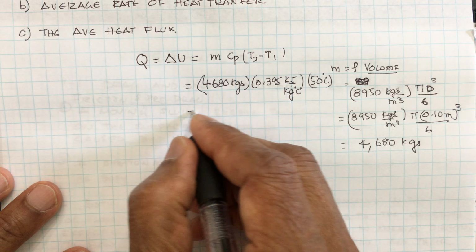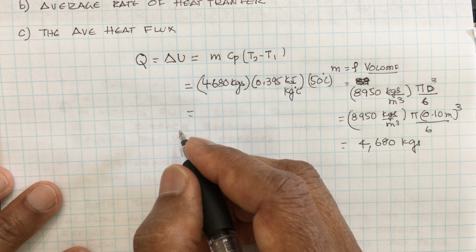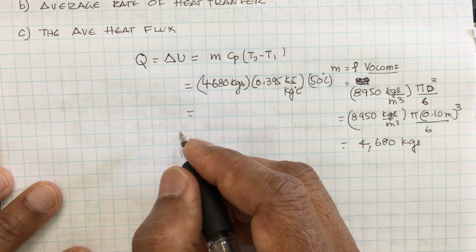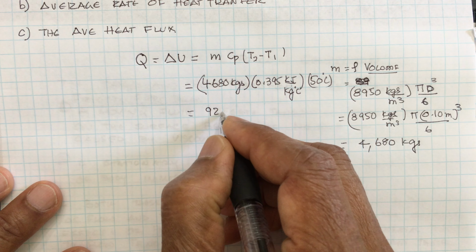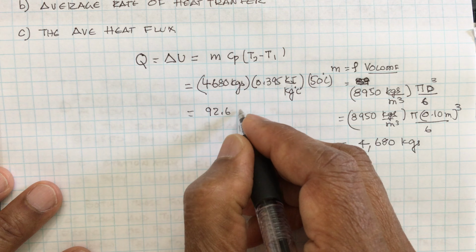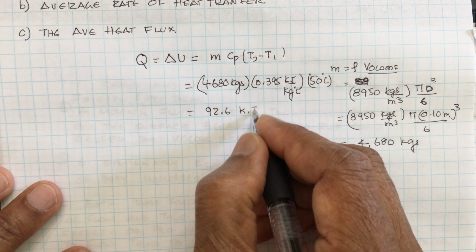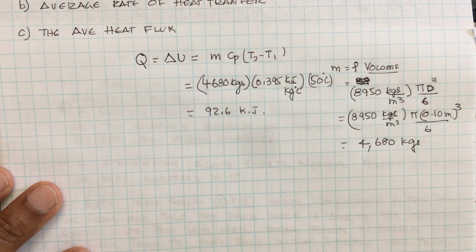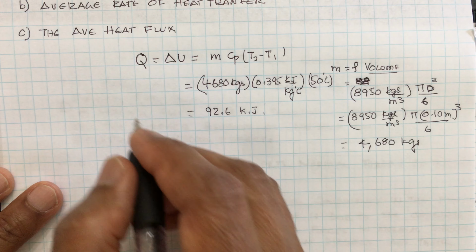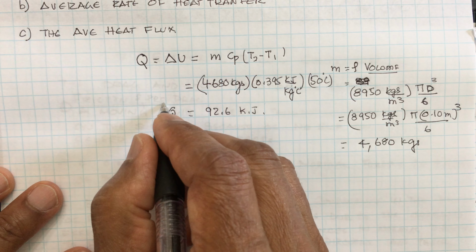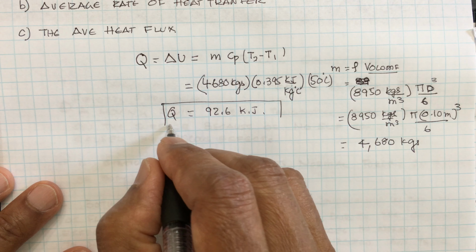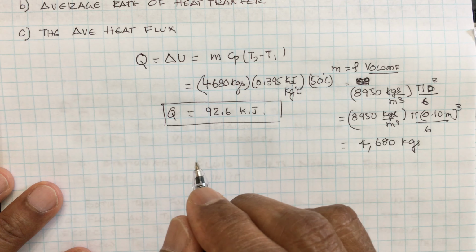So if you crunch the numbers, it comes close to 92.6 kilojoules. So that is the total heat. You could call it Q, and it is one answer right here.